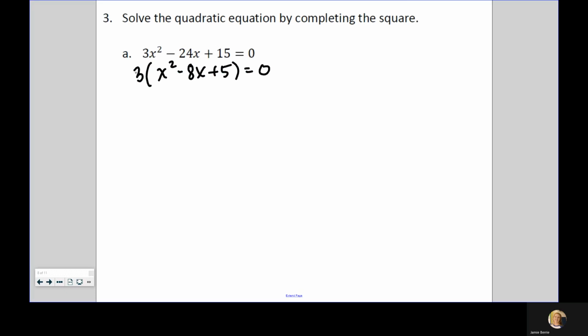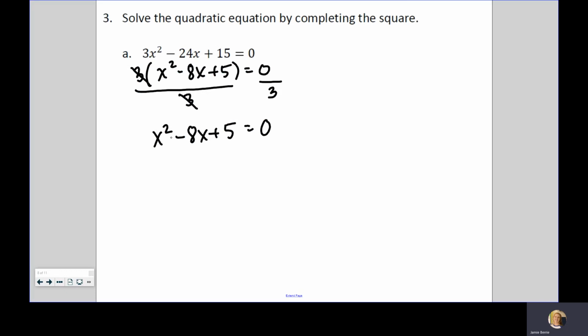Now, I need to get rid of this 3, so I'm going to divide both sides by 3. That cancels. So I have x squared minus 8x plus 5 equals 0 over 3 is 0. All right, cool. So that was maybe a little trick or tip to look and see if you can factor out a common factor before you begin. Because look, that knocked all of our numbers down and made them much smaller.